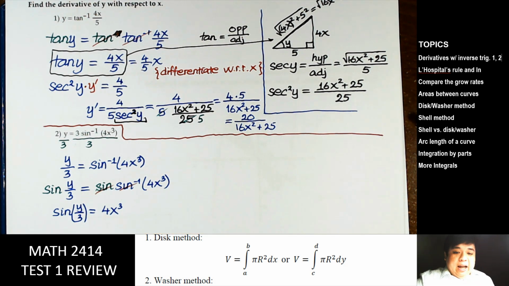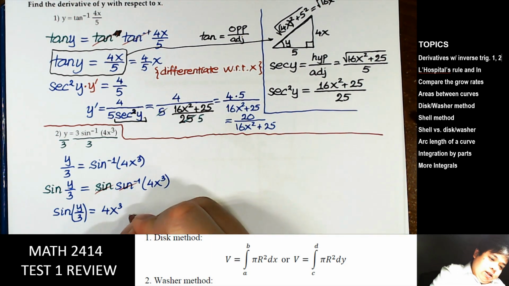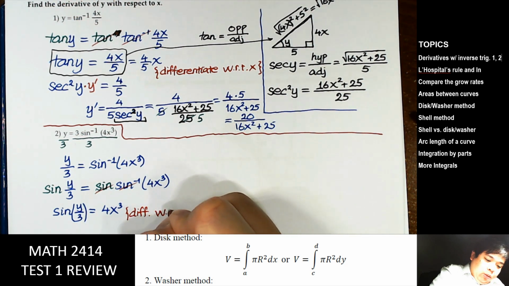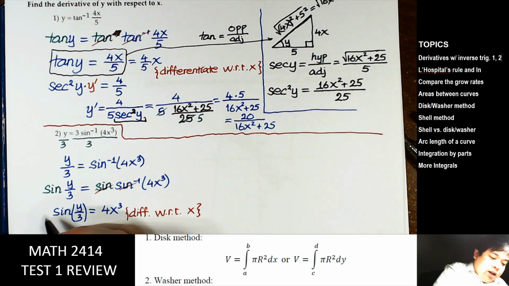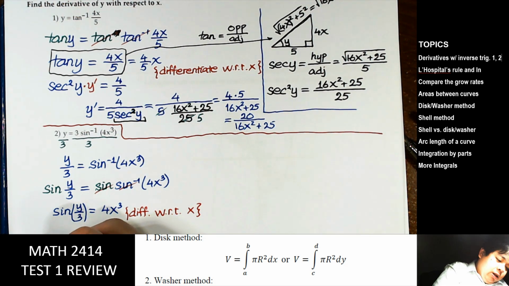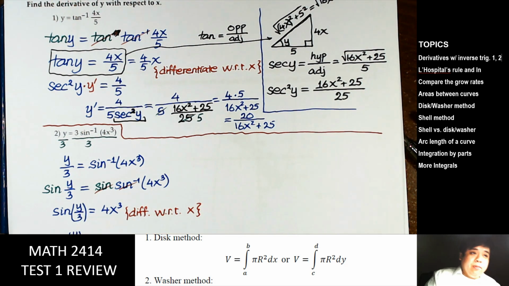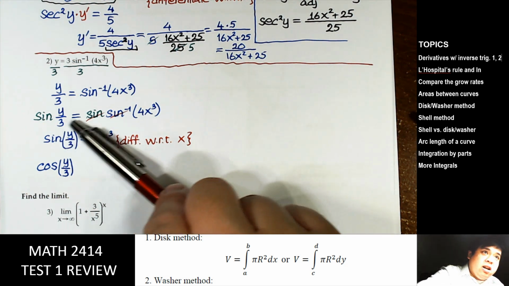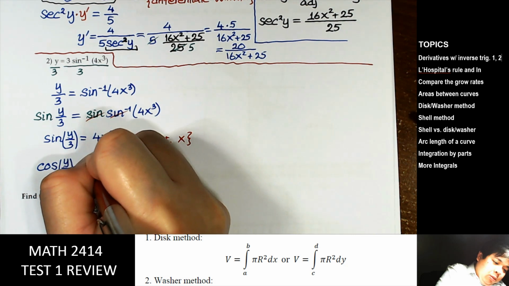Right, and then just like the last problem, we will differentiate with respect to x. On the left hand side, the derivative of sine is cosine, and then we take the derivative of the inside, which will be 1 over 3 y prime.